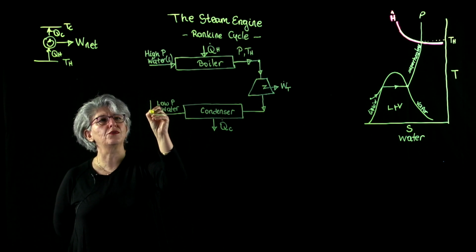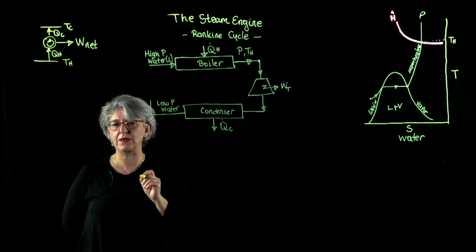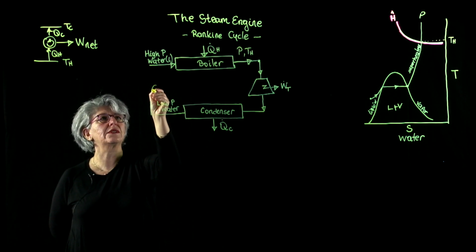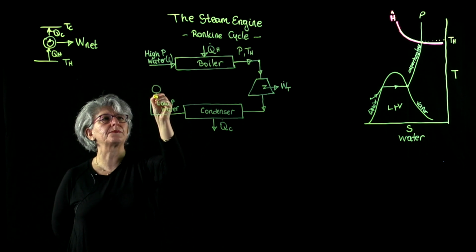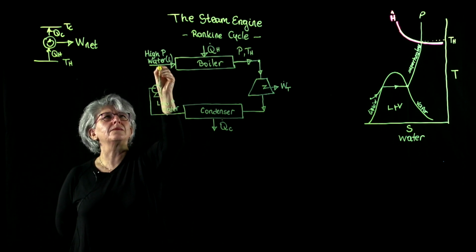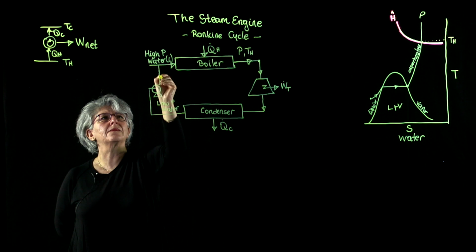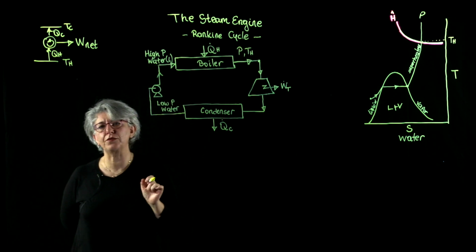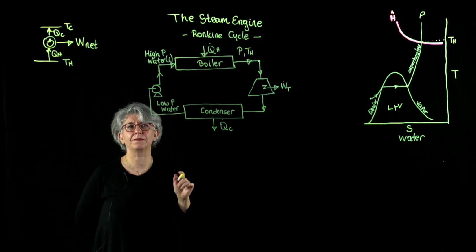And we're going to compress this water, but we're going to use a pump to carry out the compression process. Okay. So this is the flow chart of the Rankine cycle.